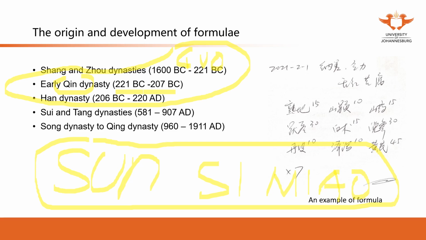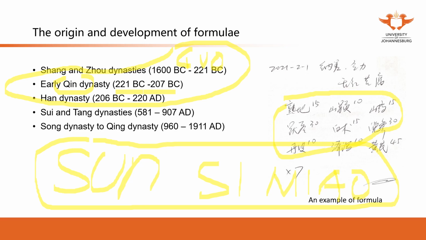So in Chinese medicine, the formulae we use, especially the famous formulae, have different titles, such as the Four Gentlemen, the Siwu decoction, and the Six Gentlemen decoction. Most of the decoctions and formulae have a specific title.